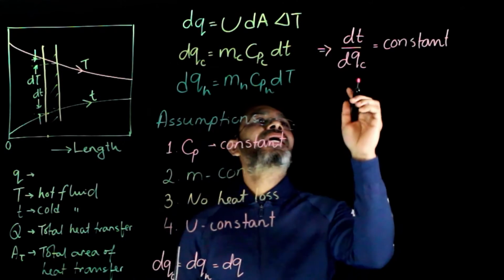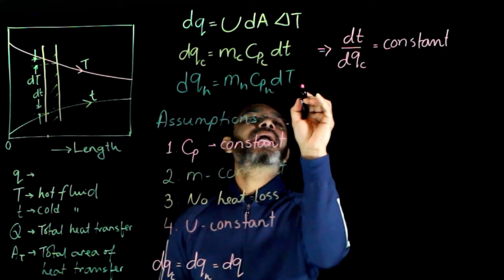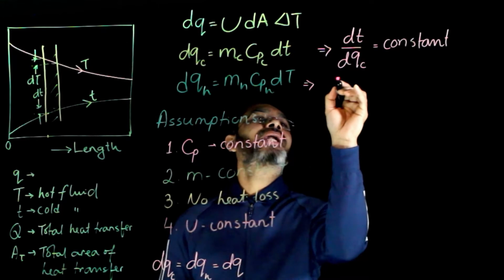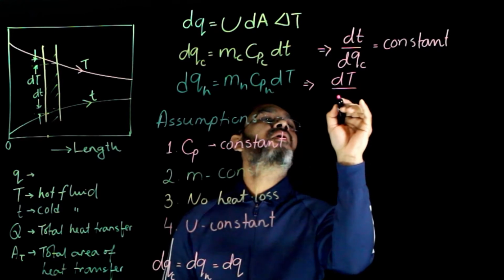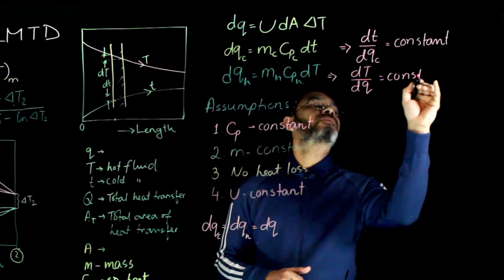So we'll write dt over dq to be constant. The same way I can write for the hot fluid dT over dq to be constant.